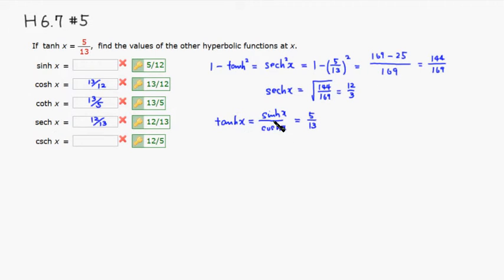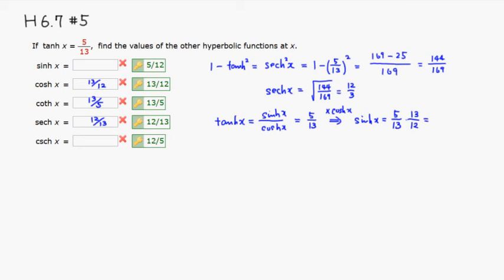So to find the hyperbolic sine, we multiply by the hyperbolic cosine of x. So hyperbolic sine of x is equal to 5 over 13 times the hyperbolic cosine, and we already have that value of 13 over 12.